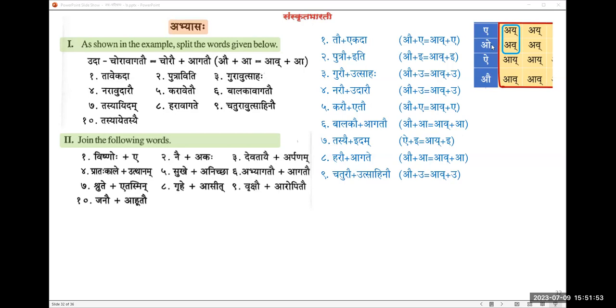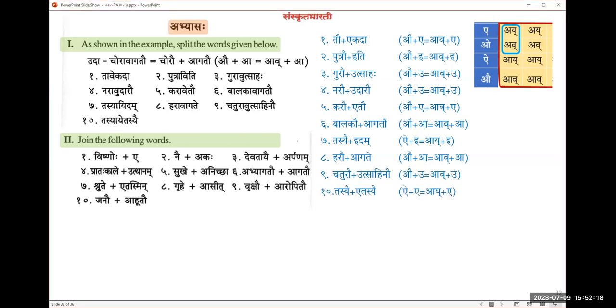Come here, you see, O. O goes to av. Correct. Vishnavu plus A. Vishnava plus A. Vishnave. Simple. Well done. You got it in the end. See, that's why I'm making you guys do this exercise.